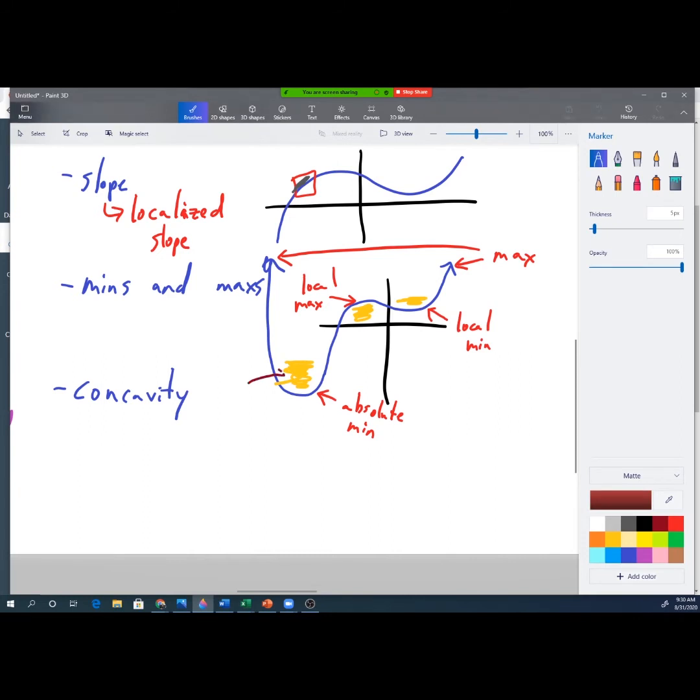If you can make the shape of the graph with your hand, wherever your palm is, like for that first section where I put the dark red arrow, I'd have to have my hand cupped up.